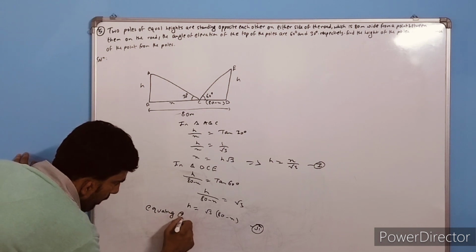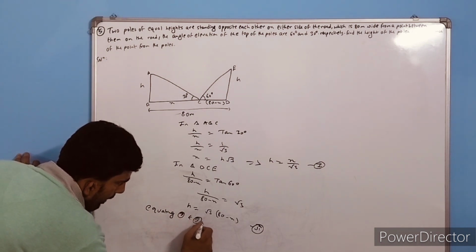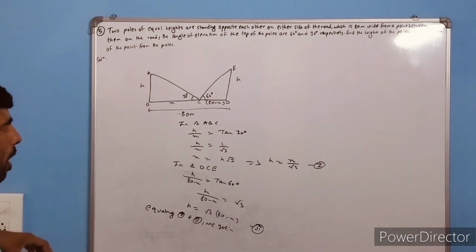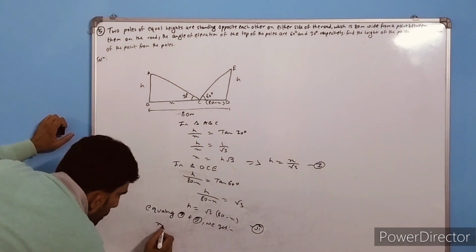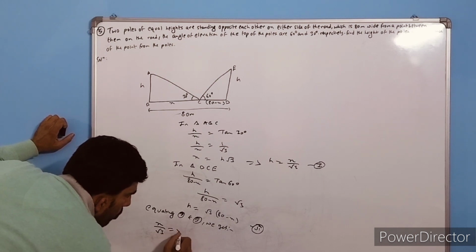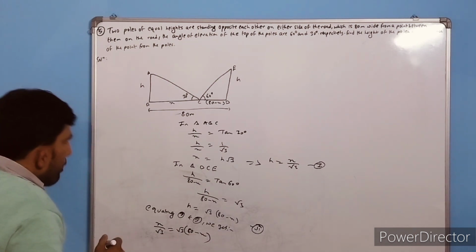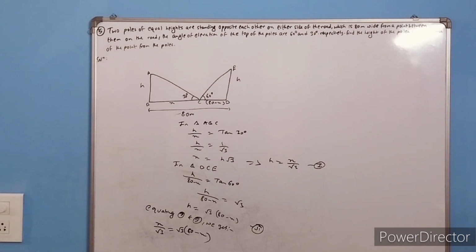Equating first and second, we get x upon root 3 is equal to root 3 into (80 minus x). Let's find the distance first, then we will find the height of the poles.